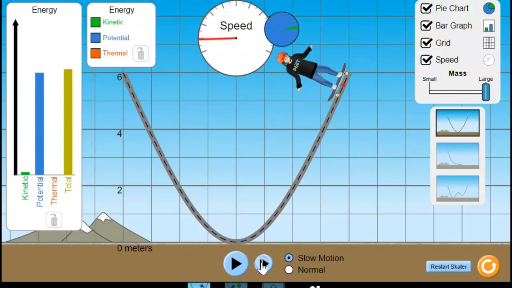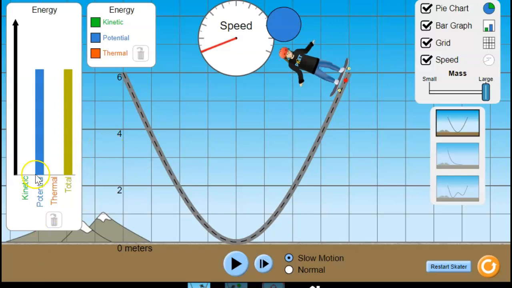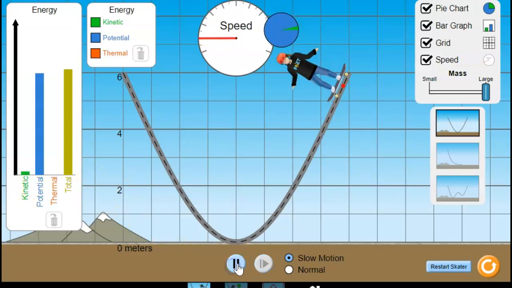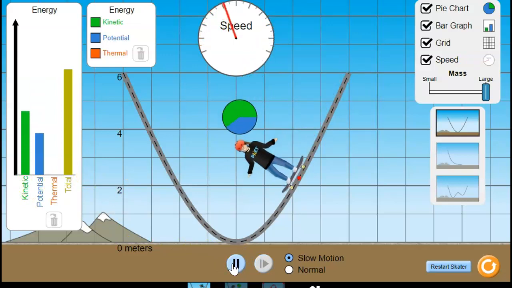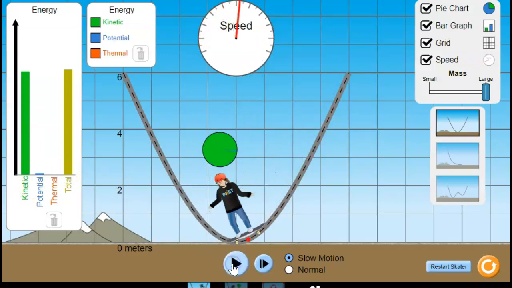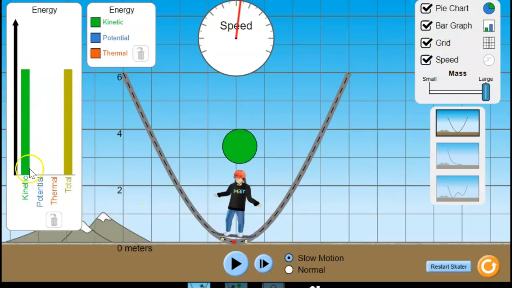So let's step all the way up. It's going to go to 0. It looks like he's going to fall off, but he's not. And so everything's potential, and none's kinetic. And it goes back down. So the same situation applies here. When he is huge, the absolute amount of energy in the system is bigger compared to when he's tiny.